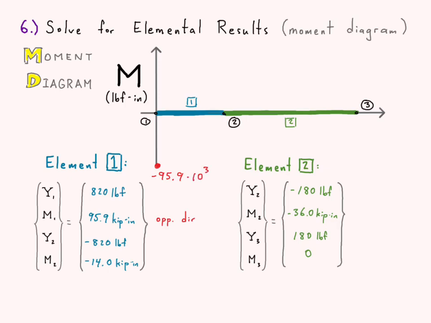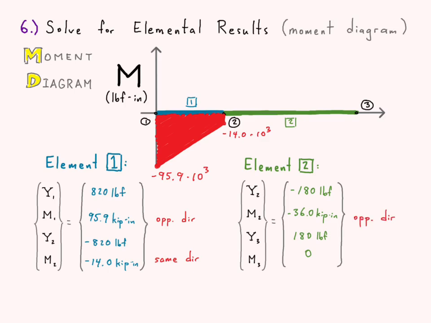Great. And then this is going to be minus 14 kip inches, but that's in the same direction, so we'll go ahead and write that in, and we'll also write times 10 to the third. Great. Fill that in. That's our moment diagram for element 1.